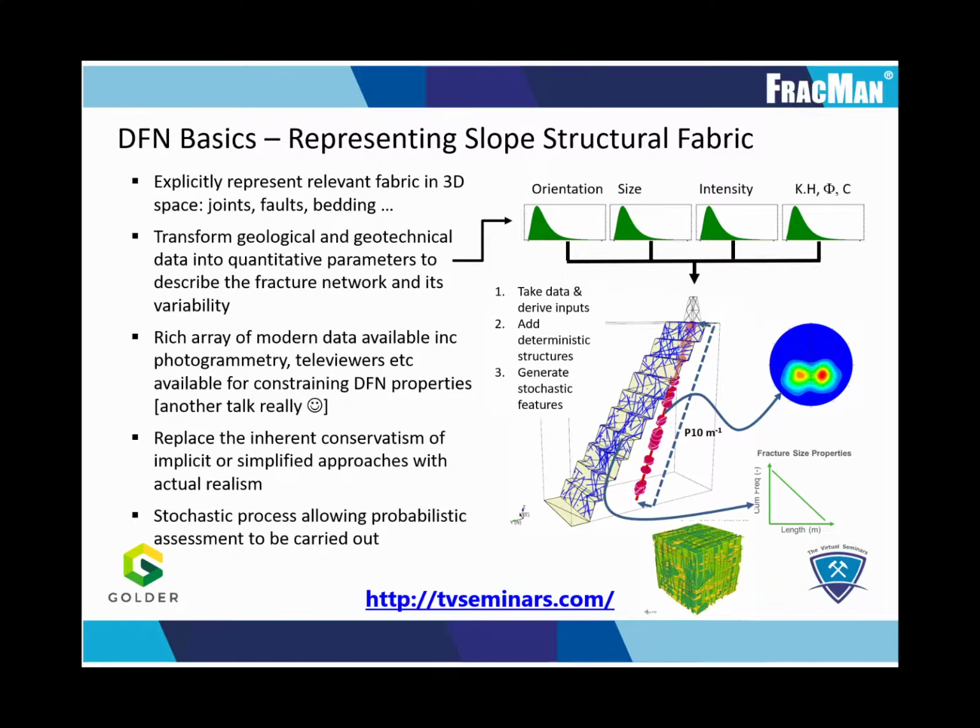We might want to define key deterministic explicit major faults here, and then stochastically generate the smaller structures around the fault. And here we have a DFN fabric.